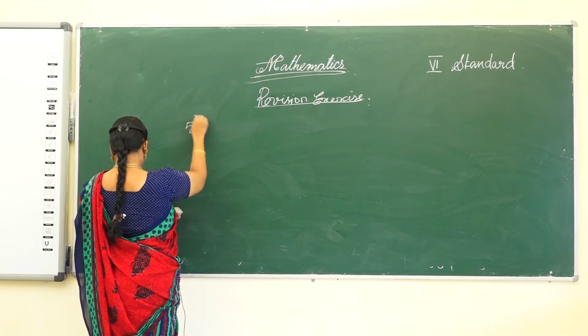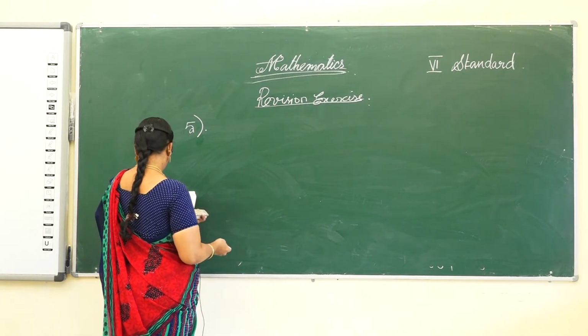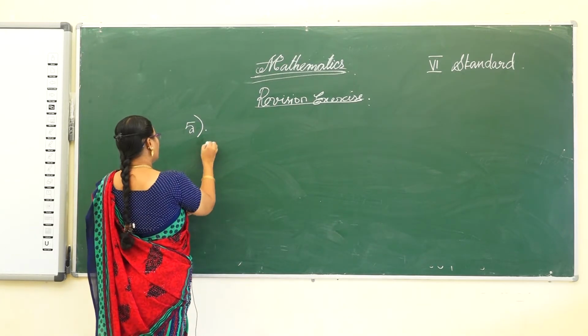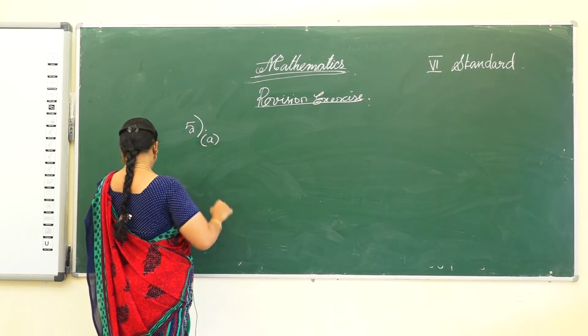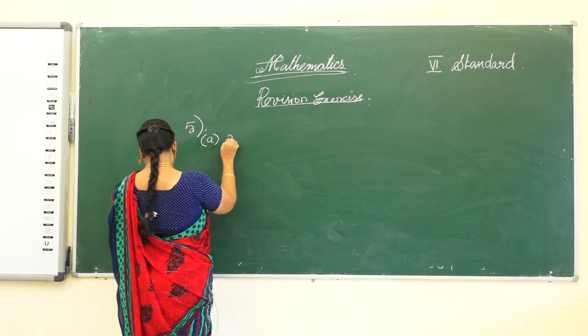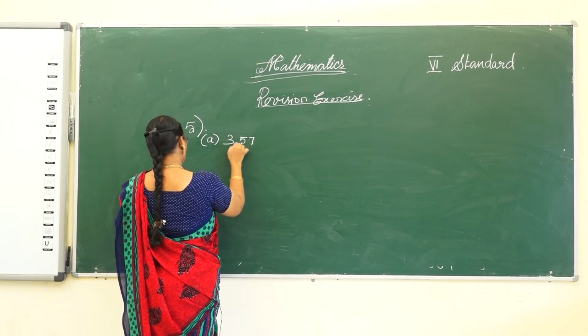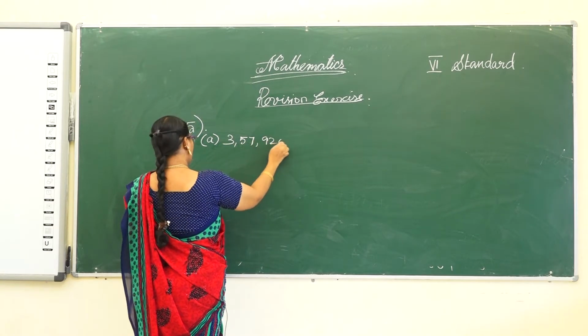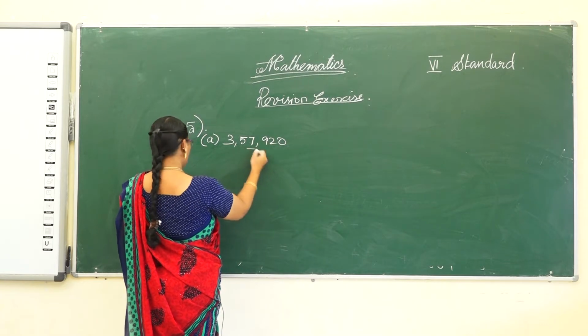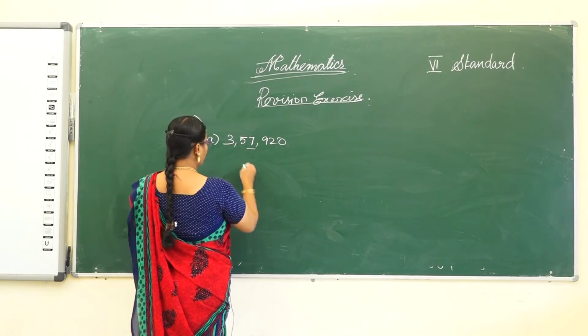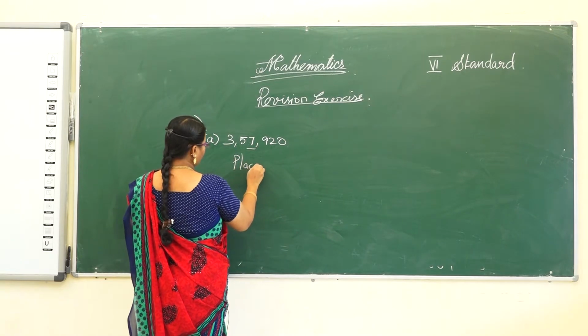Fifth one. Let us consider the first option A. 3,57,920 is given. The underlined number is 7. So what is the place value of the given number?